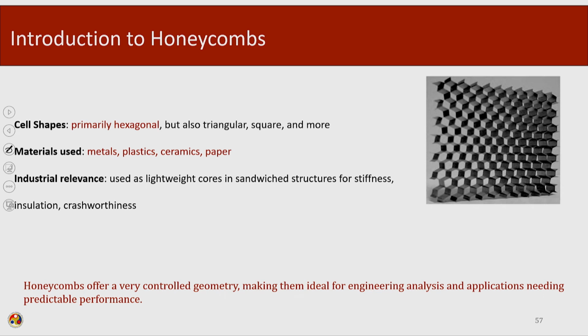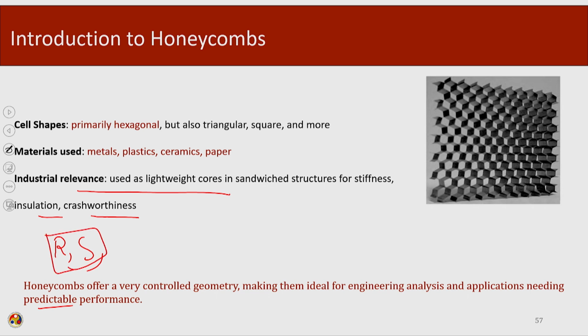Industrial relevance: it is used as a lightweight core in sandwich structures for stiffness, insulation and crashworthiness. So, it has very large applications across different industries. It has a very controlled geometry, so the failure mechanism is stable, predictable and repeatable, and this makes them ideal for engineering analysis and applications needing predictable performance.